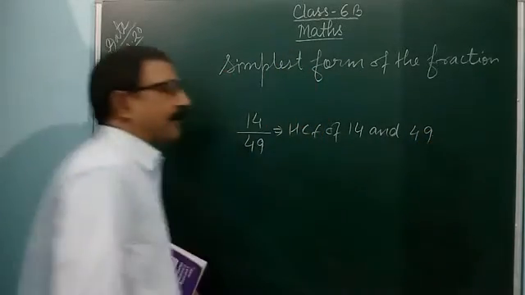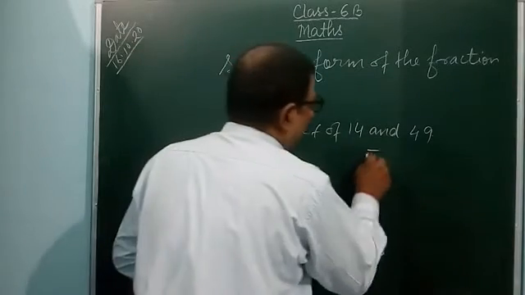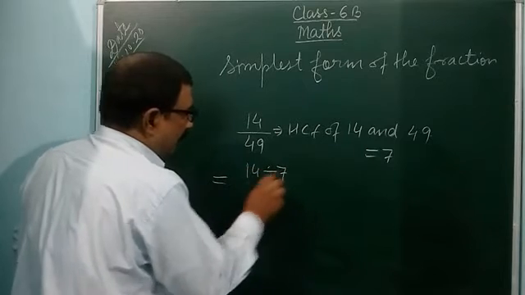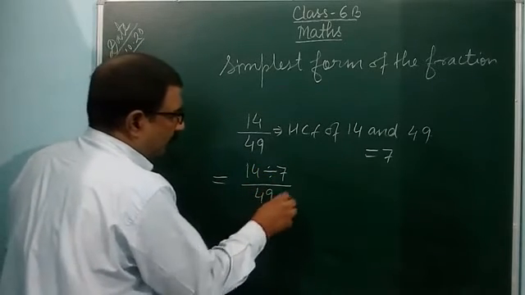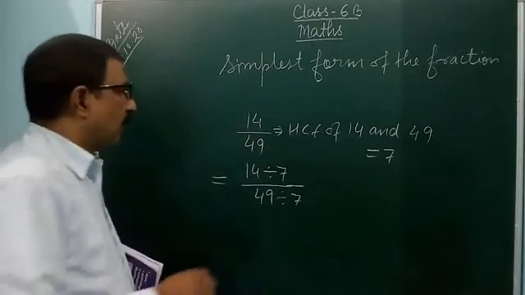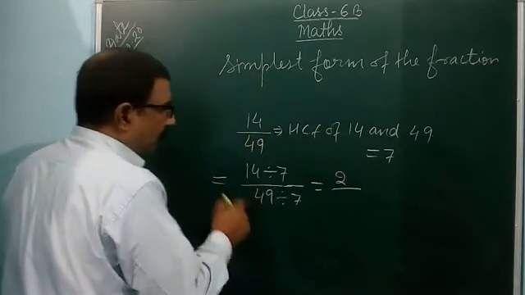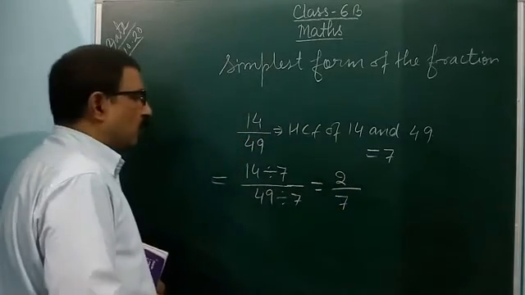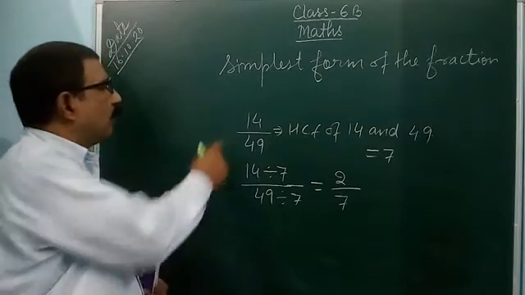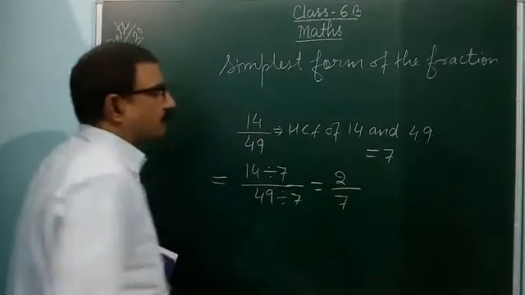By 7 both are divisible, so the HCF is 7. You can see 14 divided by 7 and 49 also divided by 7. So from the HCF you can divide both. After that, 7 twos are 14 and 7 sevens are 49. So if you change it to the lowest form or simplest form, 14 by 49 comes to 2 by 7.